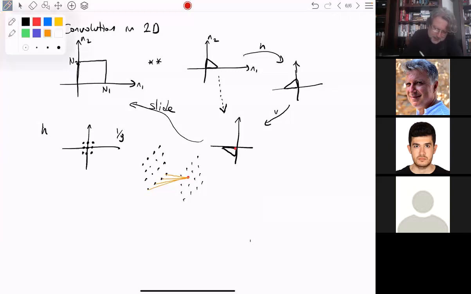I'm trying to use separate colors like this, and finally, let's be precise, like this.